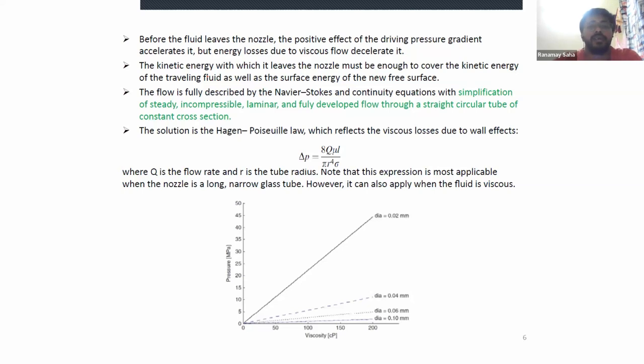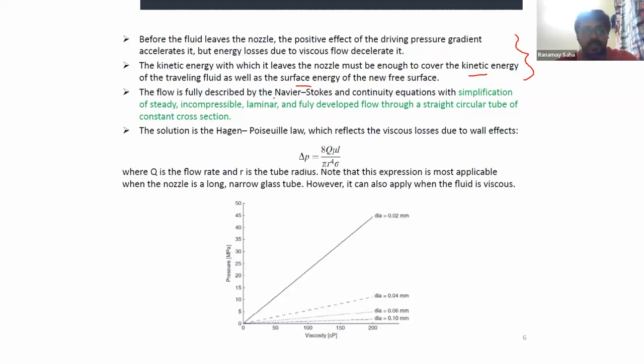The kinetic energy with which the ink leaves the nozzle must be enough to cover the kinetic energy of the fluid up to the substrate, as well as the surface energy, which we have just discussed.